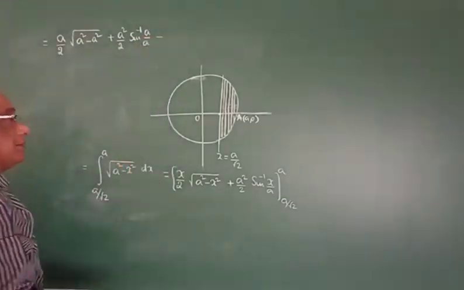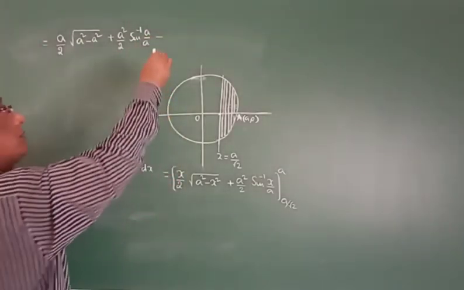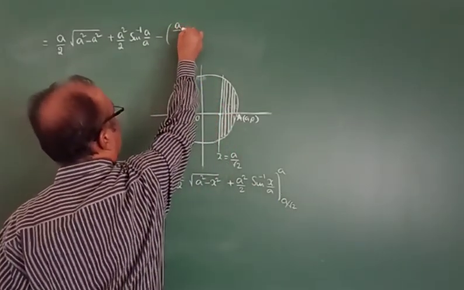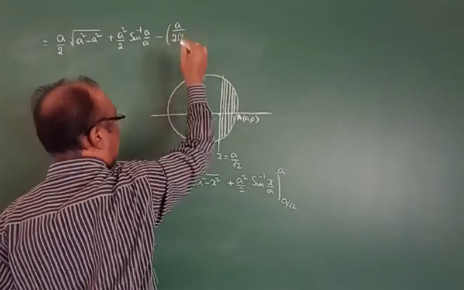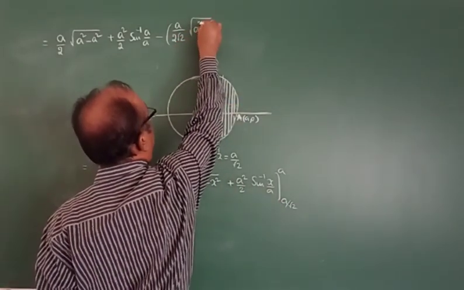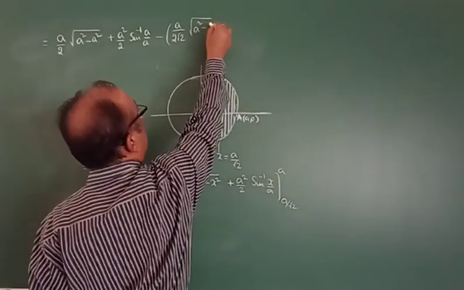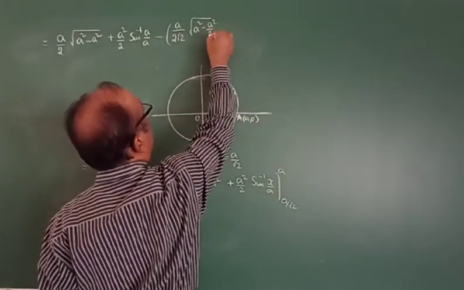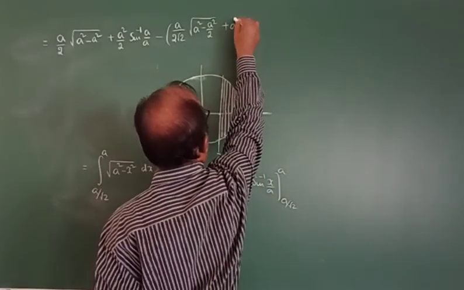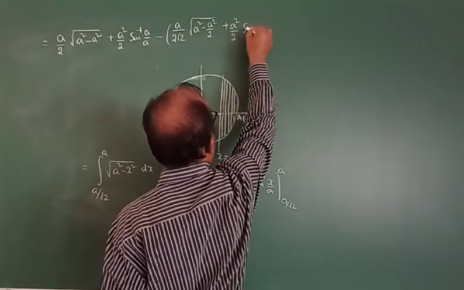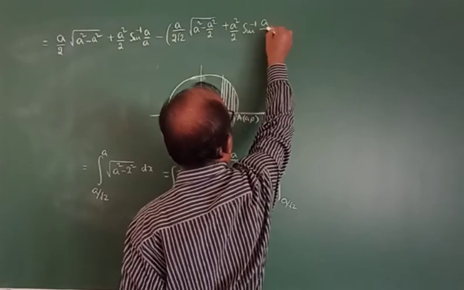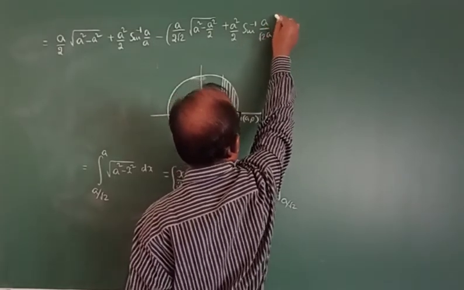Upper limit is completed. Lower limit: substitute in place of x, a by root 2. Root over a square minus x square means a square by 2, plus a square by 2 sin inverse of a by root 2 over a.